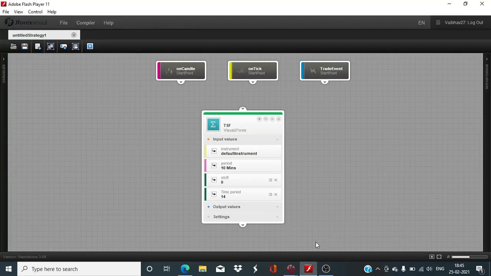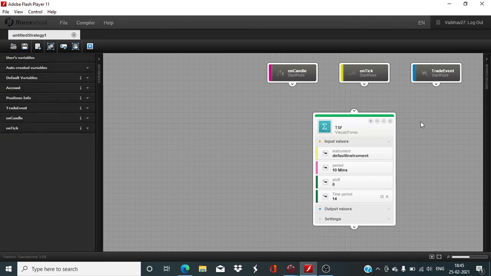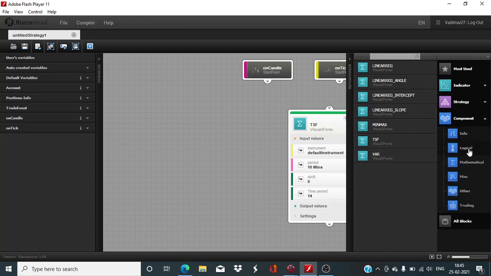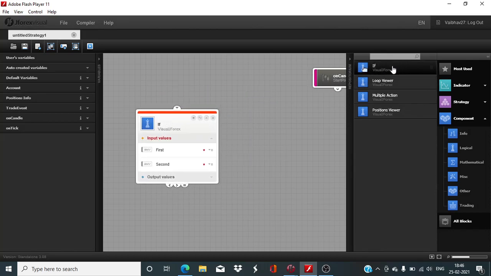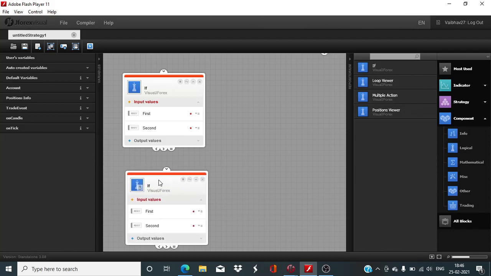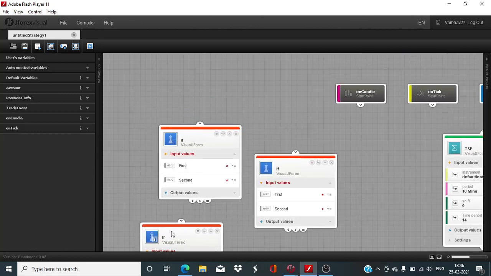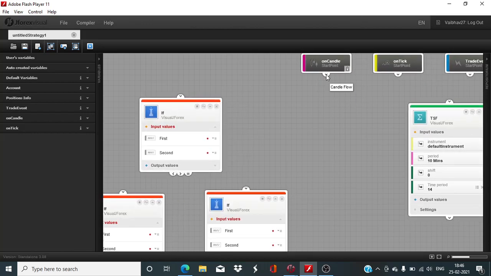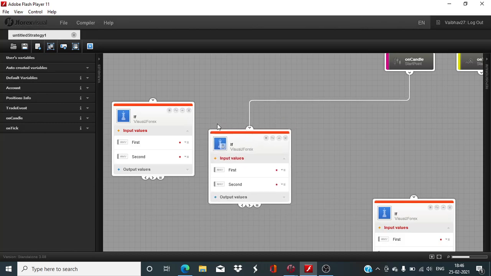So we head back to the Visual JForex board. Here the first thing I will need to do is bring the if blocks for doing the instrument subscription, logical block, if else, and for this we will be using the on candle as our start point.